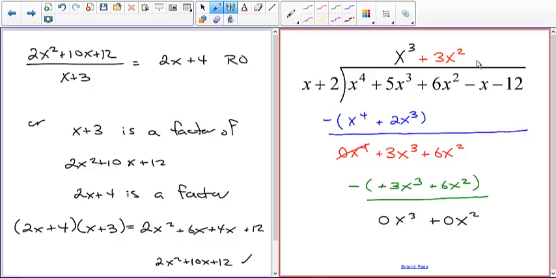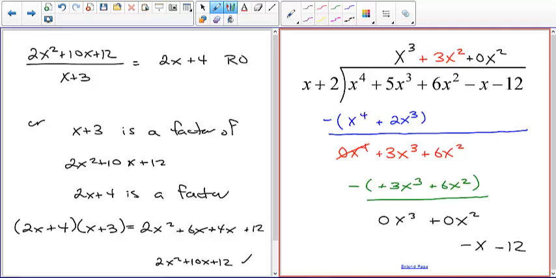So when I go to the next part, something times x equals 0, well, the answer is going to be 0, so plus 0x. Then I bring down both of those, because I don't have anything to do, so I have negative x minus 12.